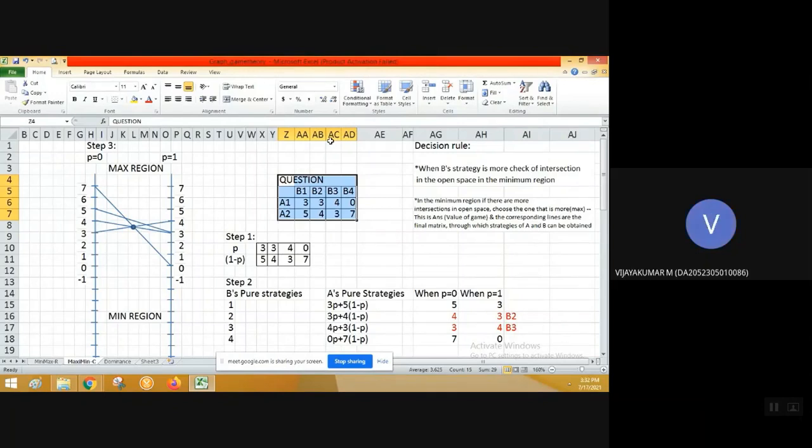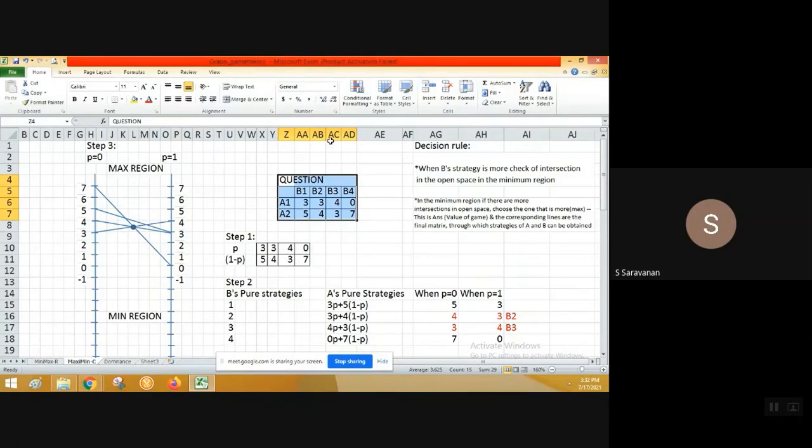Yes, sir. Okay. So the variation between the last problem and this one is that here B strategy is higher and A strategy is lesser. What can you do if A is having 3 strategies, with A strategy 3 and B strategy 4?